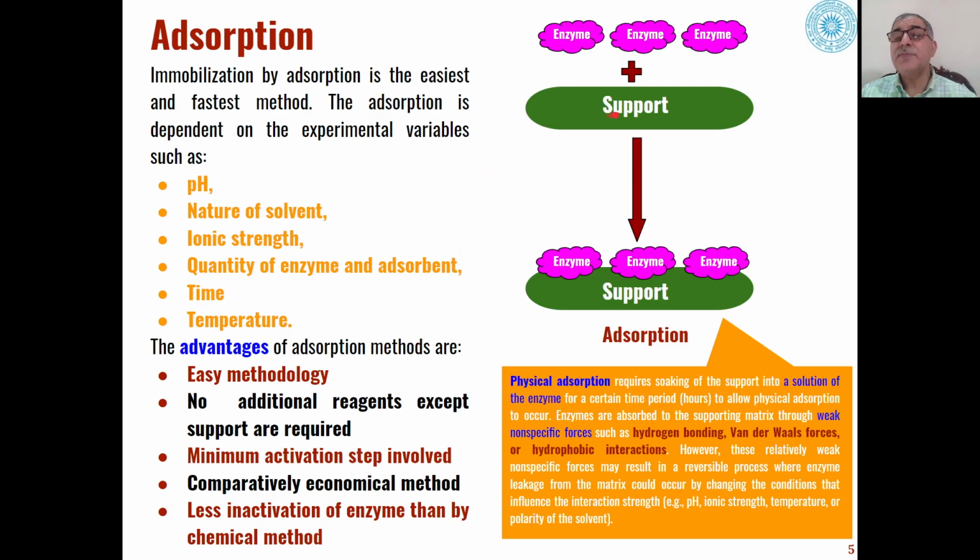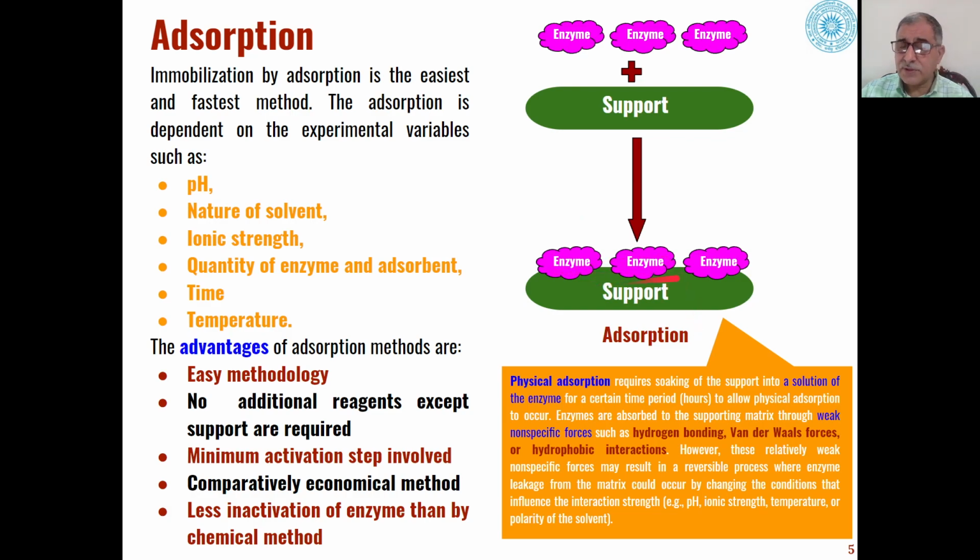So basically, the process is done in this way: we soak the support, that is the adsorbent on which the adsorption is to take place, in a solution of the enzyme for some time, say a few hours, and then this enzyme will get physically adsorbed on the adsorbent.